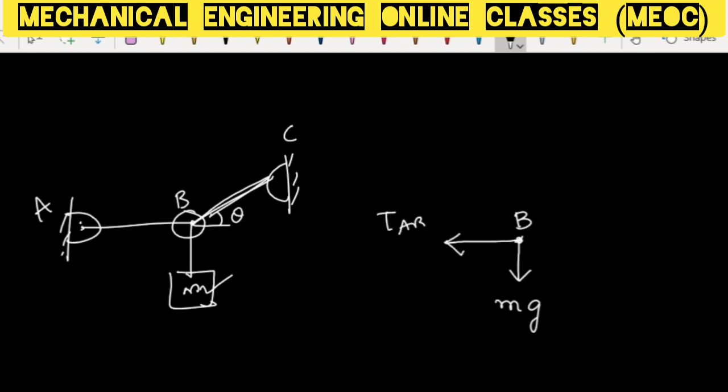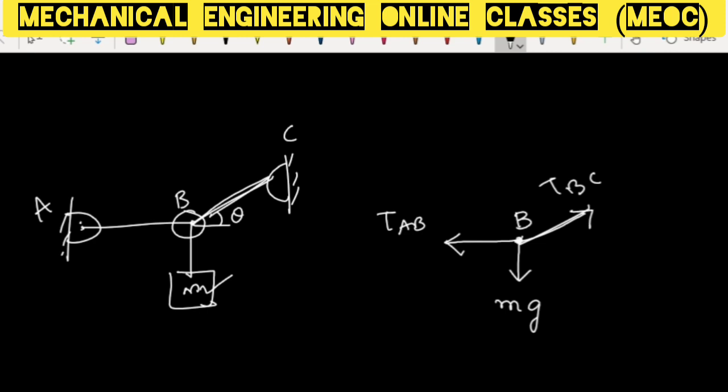So TAB will be parallel to AB, away from B, because B is the point of interest to us. And let TBC be the tension in the BC thread. This also will be parallel to BC and away from point B.